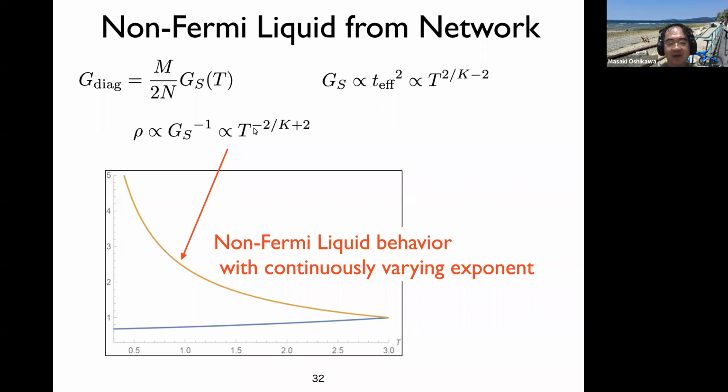And as you can see, this exponent, often called alpha, the resistivity exponent, now depends on the Luttinger parameter K. So in this setup, we can naturally produce this continuously varying temperature exponent as a non-Fermi liquid behavior of a 2D system from the property of the one-dimensional segments of the network.